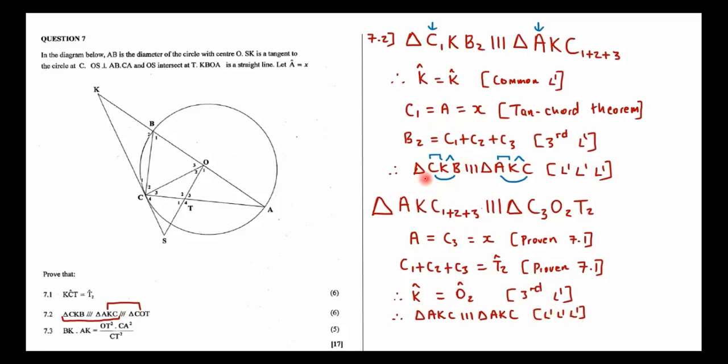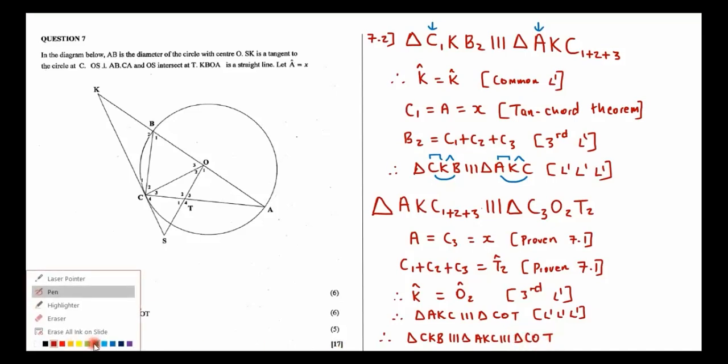Now because we've proven that CKB is similar to AKC, and AKC is similar to COT, that means they're all similar to one another, right? So conclusion here, triangle CKB is similar to triangle AKC, which is also similar to triangle COT.